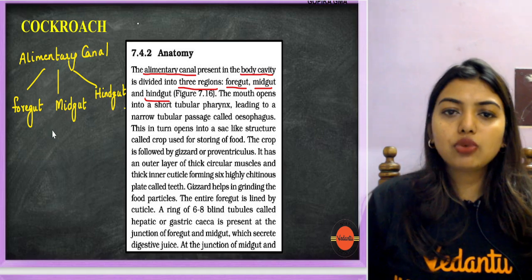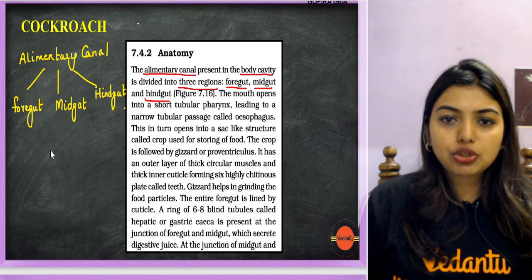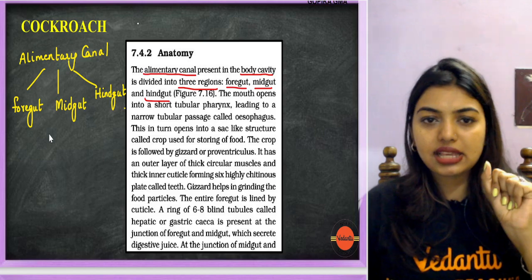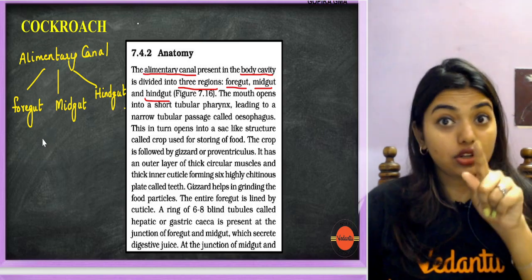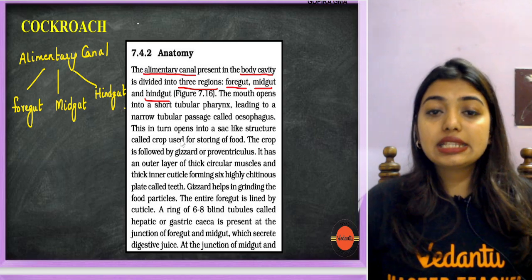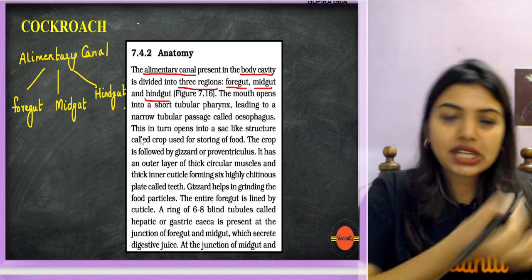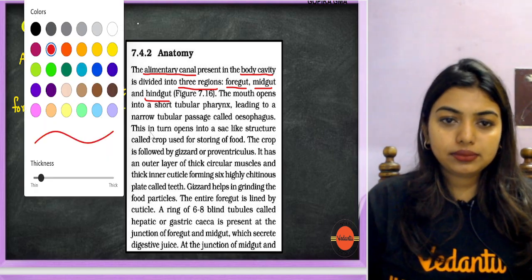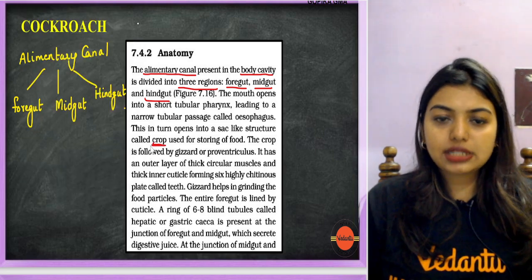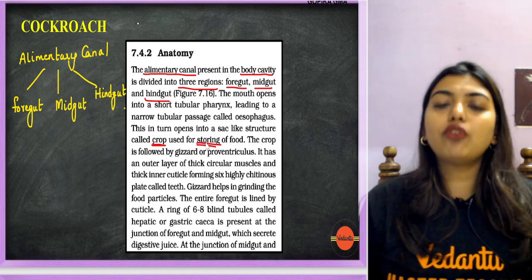Now, very carefully listen, the mouth opens into a short tubular pharynx leading to a narrow tubular passage called esophagus. This in turn opens into a sac-like structure. We have stomach as the sac-like structure, but instead of that, here they have crop, a sac-like structure used for storing of food.